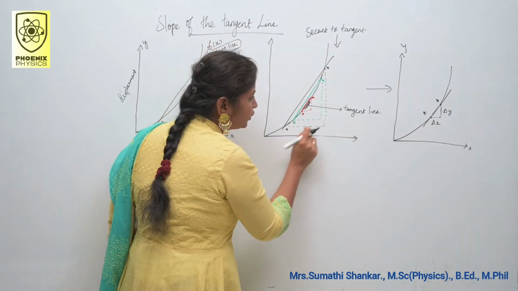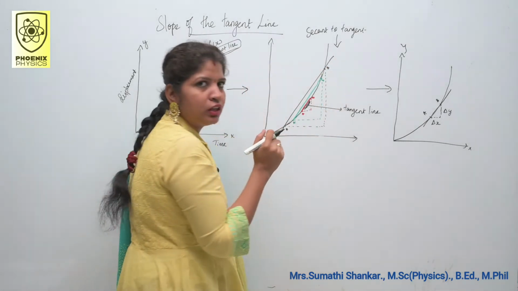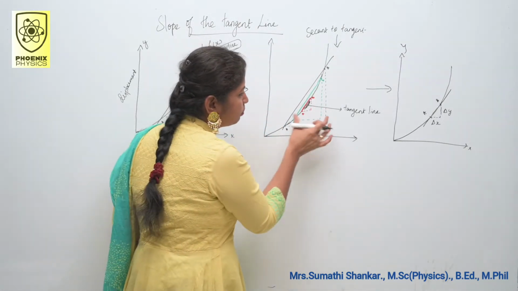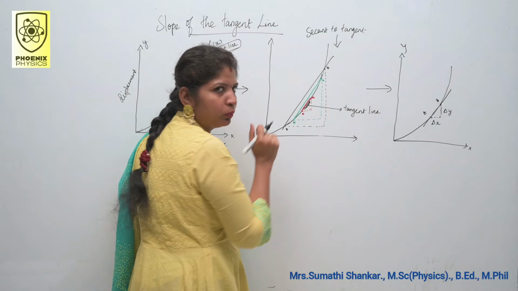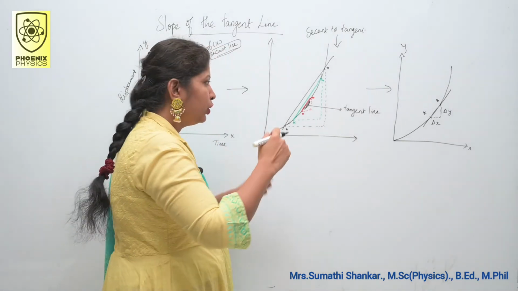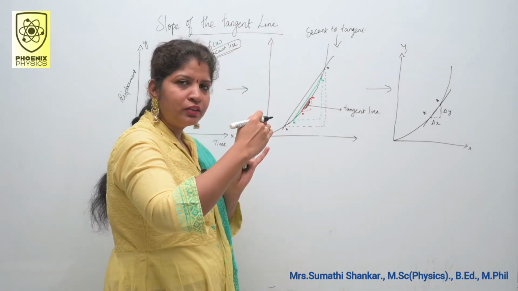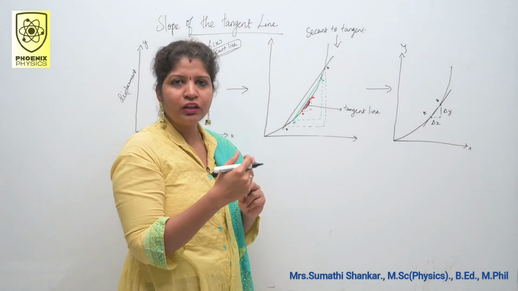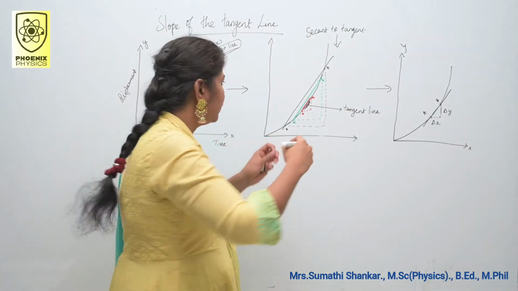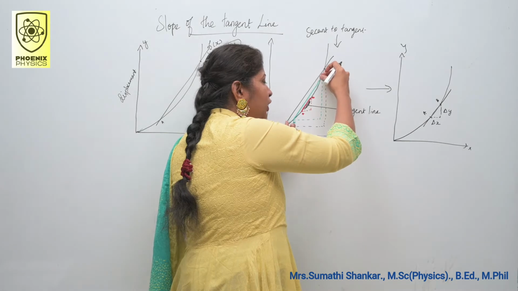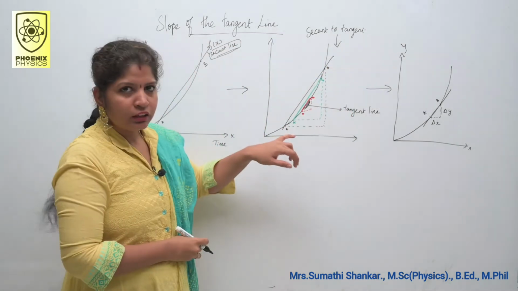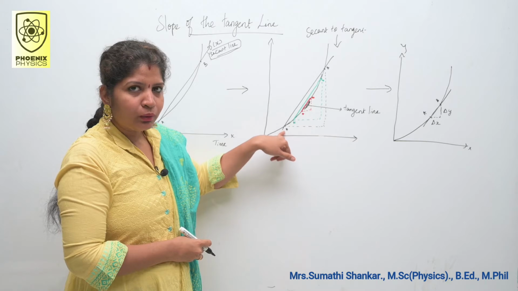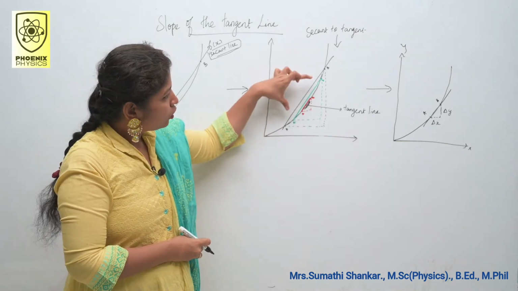So this black line gives the slope of A and B, right? This black portion gives the slope. Now you reduce the distance between A and B, or we can say you bring the points A and B close to each other. In the beginning A is here, after that I brought A and B close to each other.